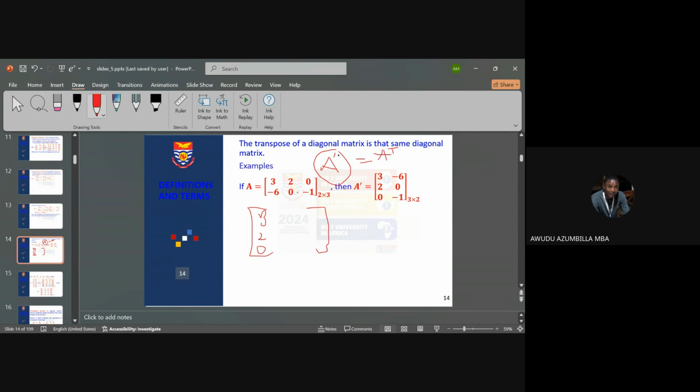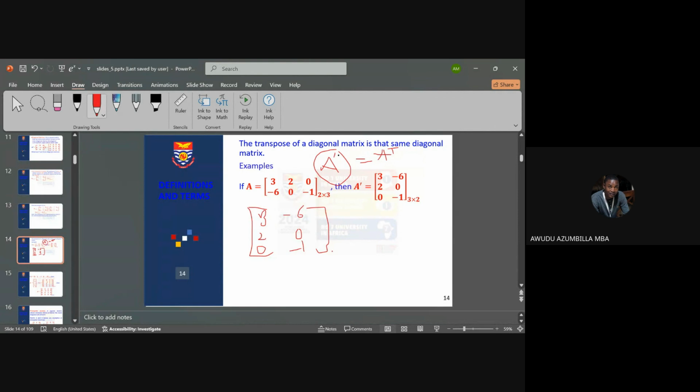The same thing: you are going to get -6. You are changing this one to a column. You have 0 and you have -1. In that case, you have successfully changed your rows to columns. How many rows do we have now? 1, 2, 3.